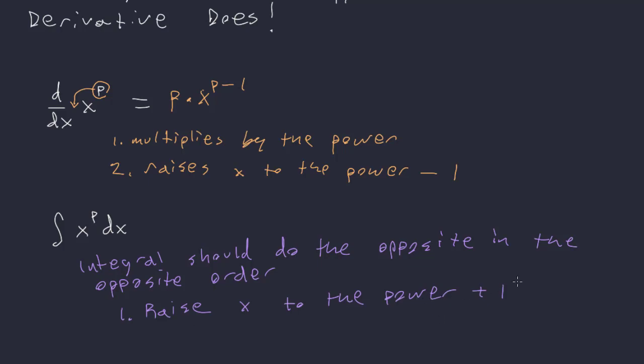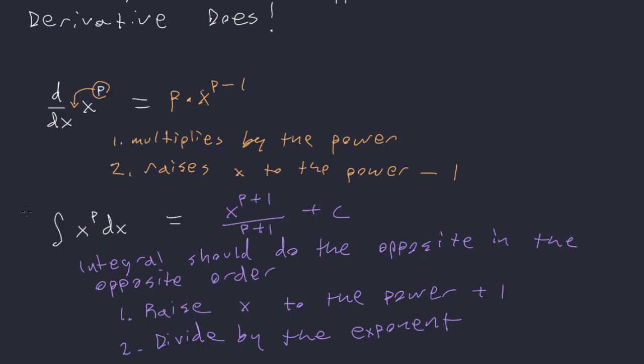We're raising x to the power plus 1, so it will be x to the p plus 1. Now, where we multiplied by the power before, we're going to divide by the new exponent. So we change the power by plus 1 first, and then we divide by it, and we get a plus c.